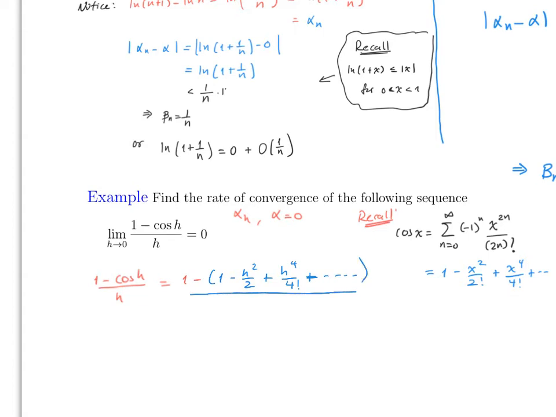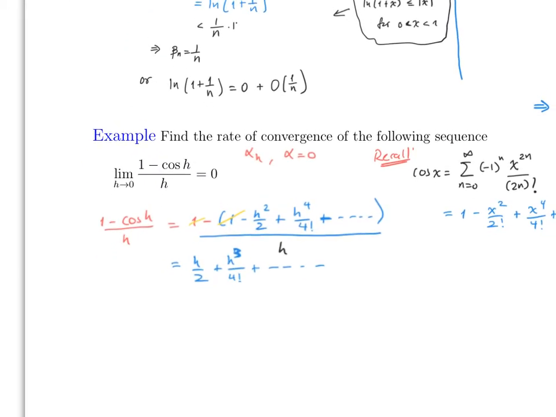And we're dividing everything here by h. Here you can see that this cancels. You'll end up with just h over 2 plus h to the 4 over 4 factorial and so forth. Actually, this is h cubed. Now the only part that we had to worry about is this one, so this doesn't matter.